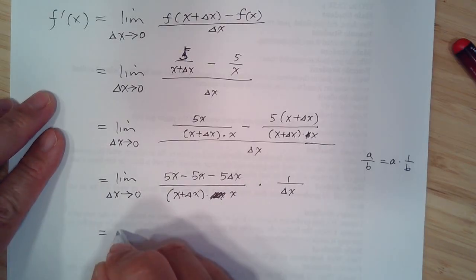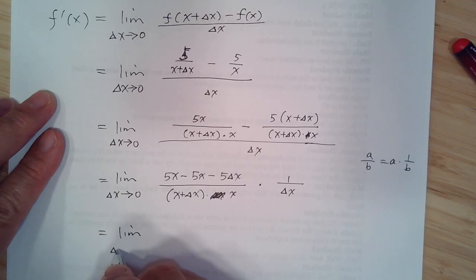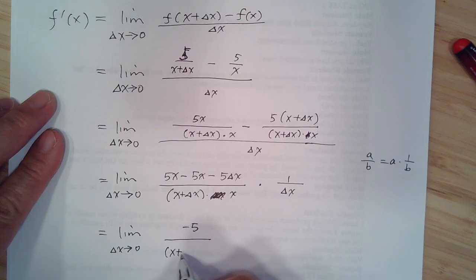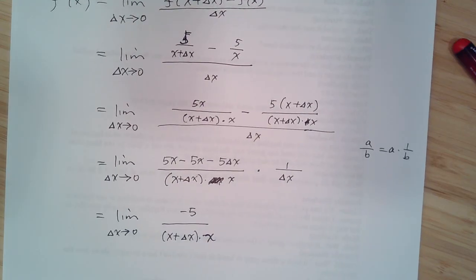So the numerator, as delta x approaches 0, I get a minus 5. Denominator, I still have x plus delta x times x. Alright, now when delta x approaches 0, this is just x plus 0, it's just x times x. So negative 5 over x squared.